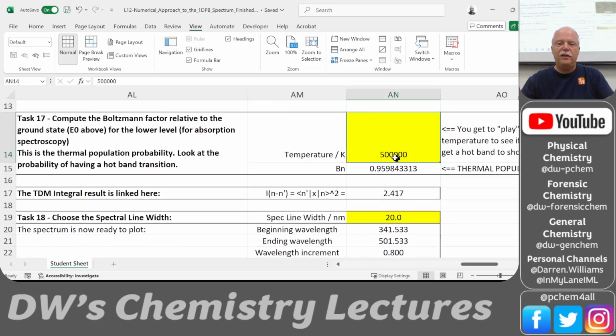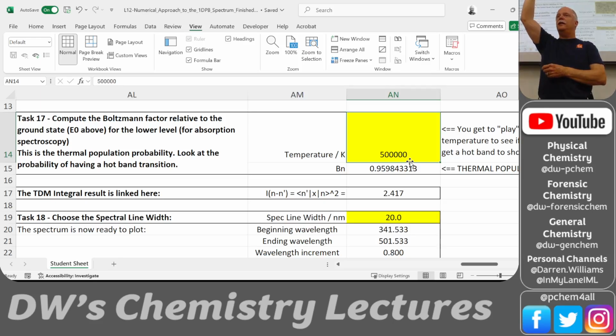So I have it at 500,000 Kelvin, just because in order to get the wavelengths in the visible region, I needed energy levels that are really far apart, so that the arrows would be really long and we'd have short wavelength peaks in the visible region. Well, if the energy levels are really far apart, I've got to really heat the electrons up to get them in the excited states.